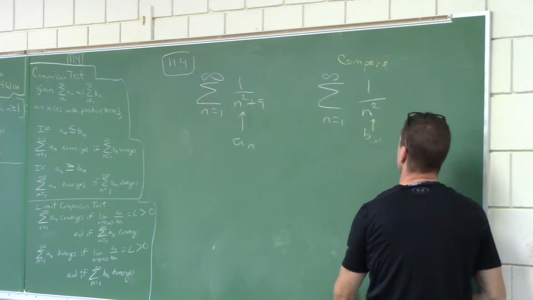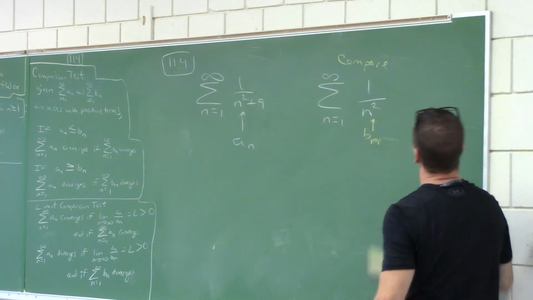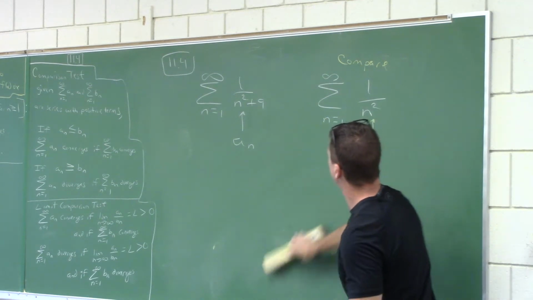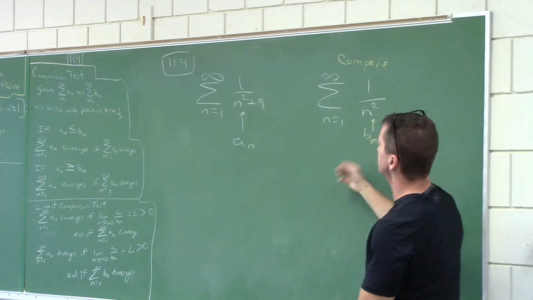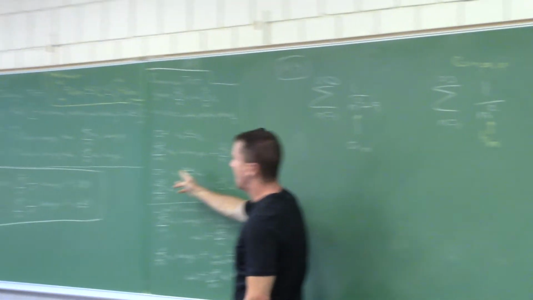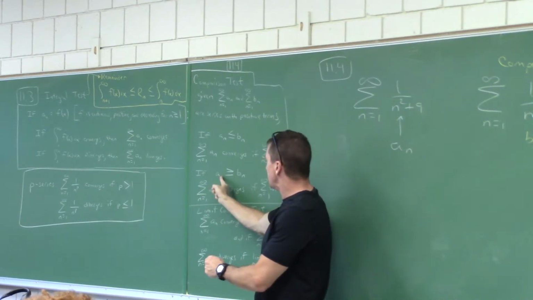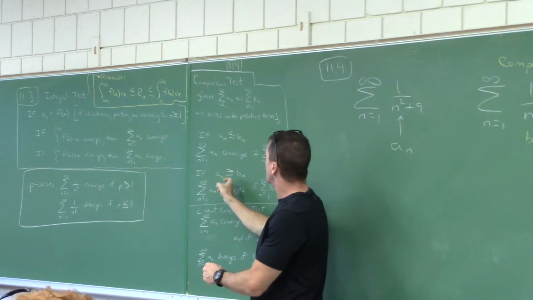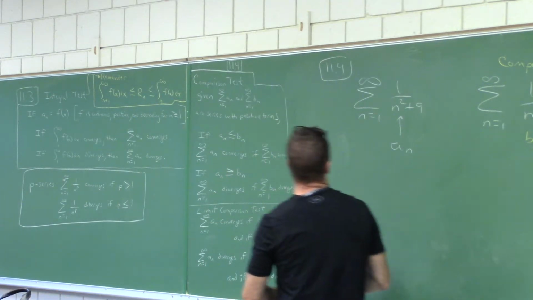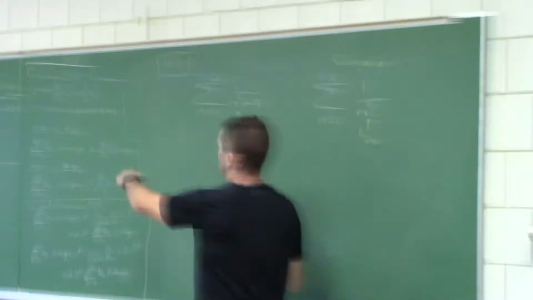So let's compare it to this. If this series converges, and A sub n is greater than or equal to B sub n, that will be for divergent.